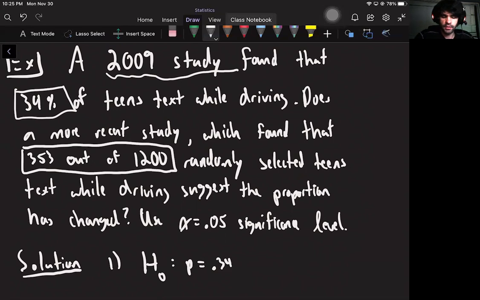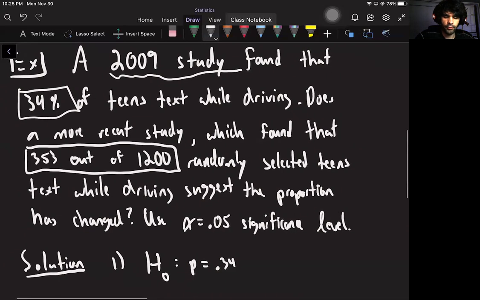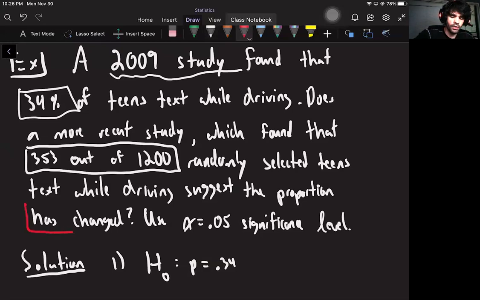But in this example, we're not saying how it's wrong. We're not saying if we think it's actually more than 34% or less than 34%. We're not saying either of those. We're saying we just want to know if it has changed at all. So here we're not specifying more or less.